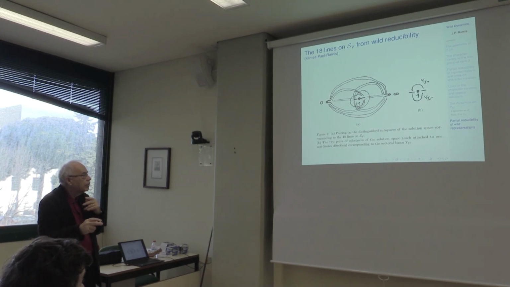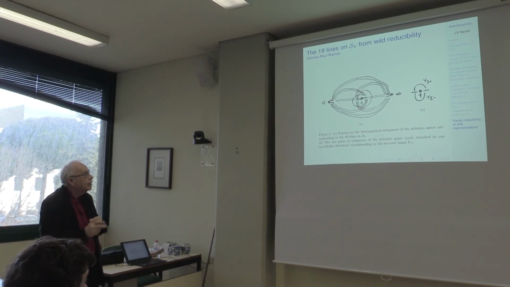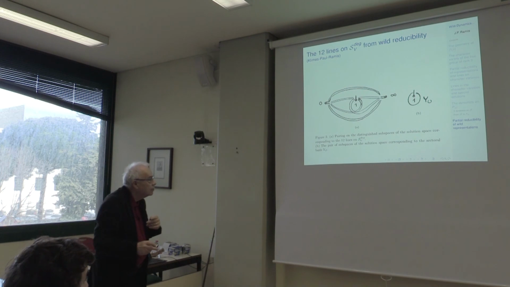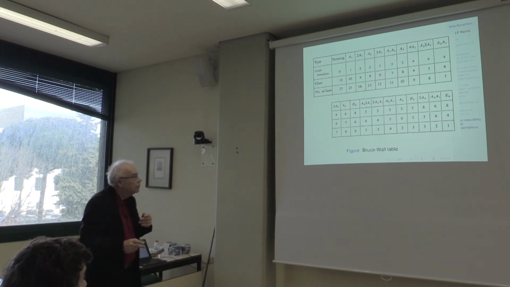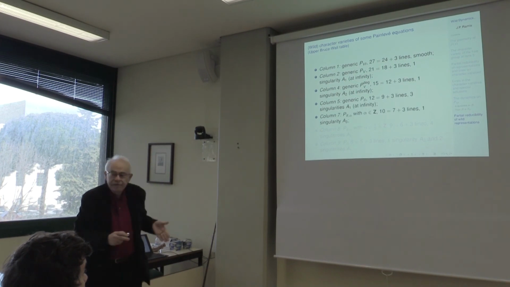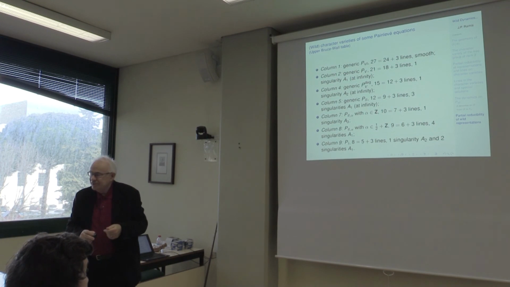And you also can do mixed things. And you get the lines, the 80 lines. And for degenerate P5, you have a similar picture, and you get the 12 lines. So this, we have guessed all this picture using this trick.